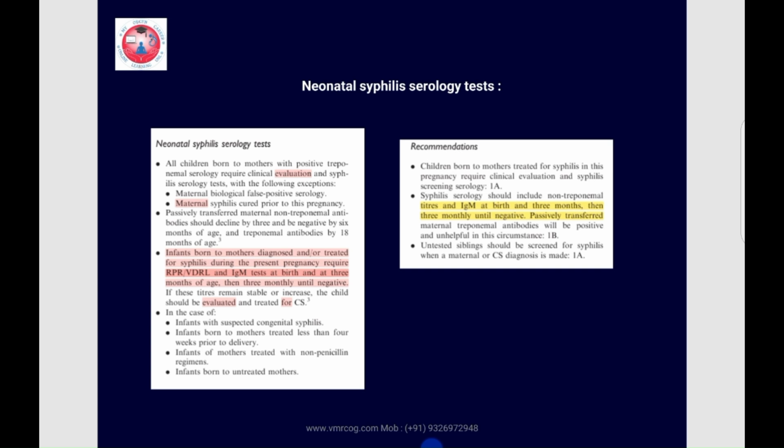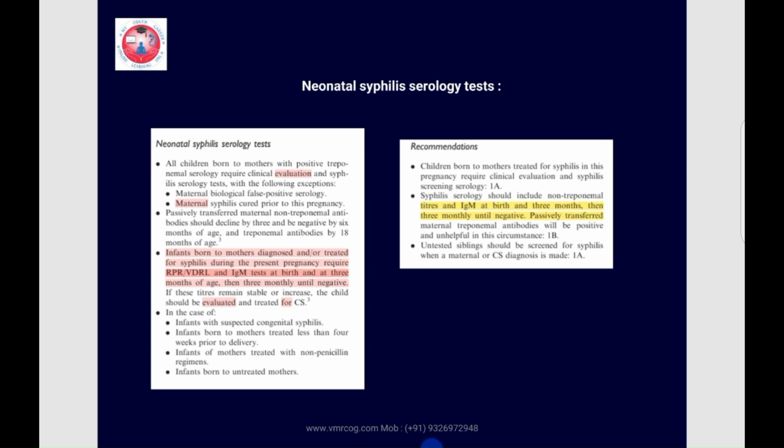Infants born to mothers diagnosed and or treated for syphilis during the present pregnancy will require RPR, VDRL and IgM test at birth and at 3 months of age, and after that 3 monthly until it becomes negative. If this titer remains stable or increases, the child should be evaluated and treated for congenital syphilis.